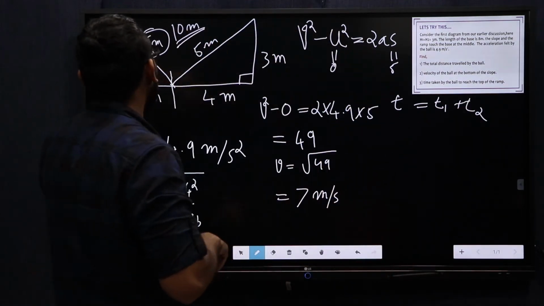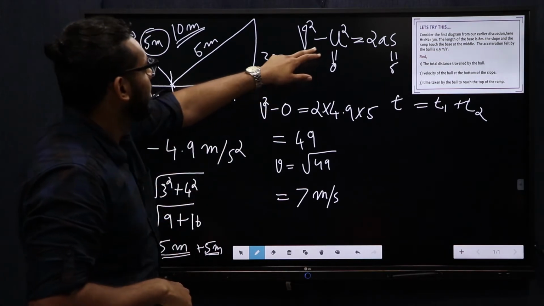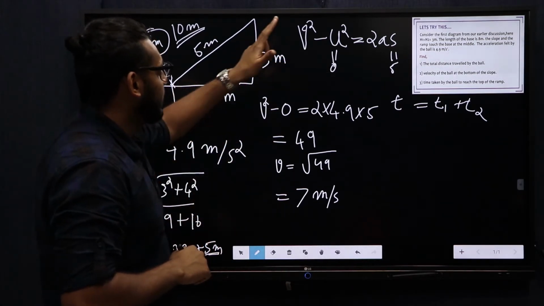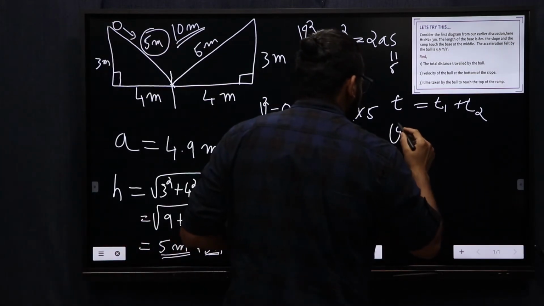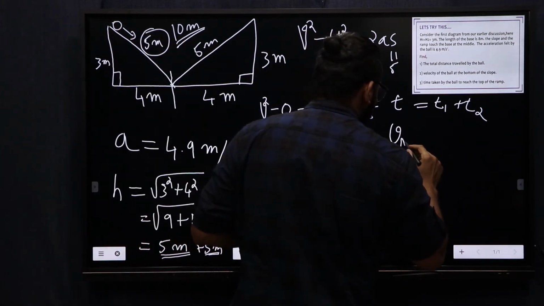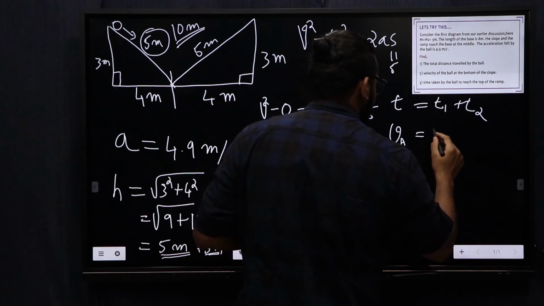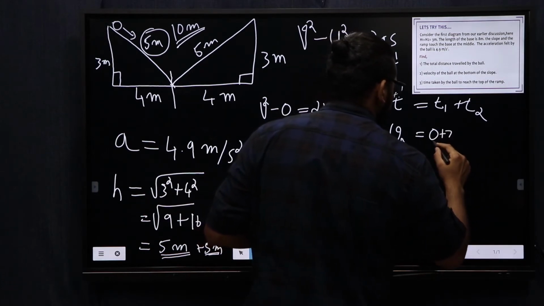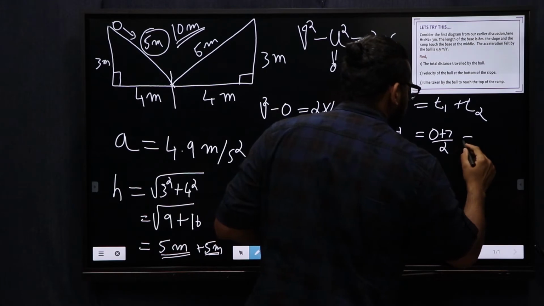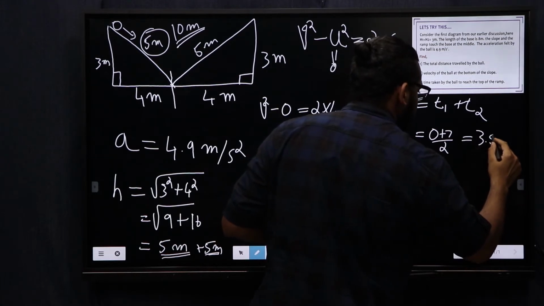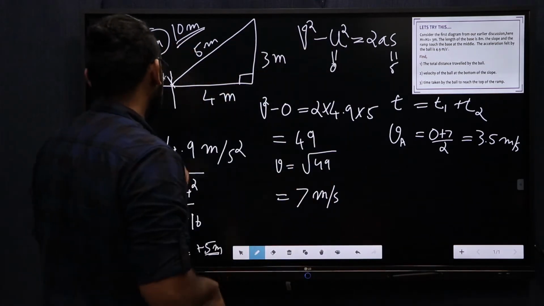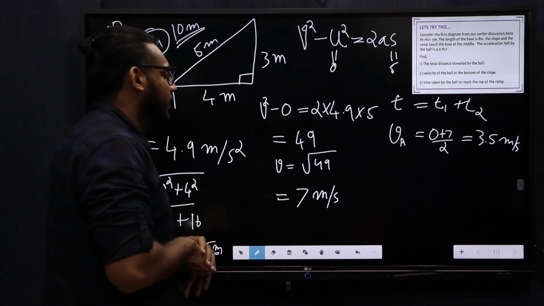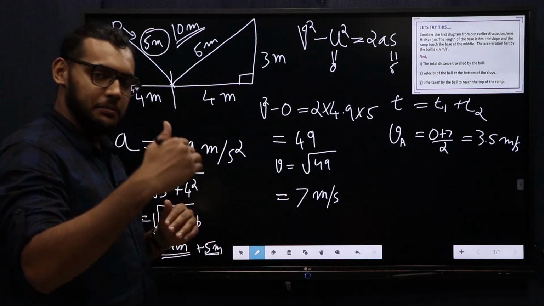Let's first find t1. Now, we know that u is 0 and v is 7. Therefore, the average velocity, let's call it v average, is equal to (0 plus 7) by 2, which is equal to 3.5 meters per second. So we have the velocity. Now, what is velocity? It is distance by time.